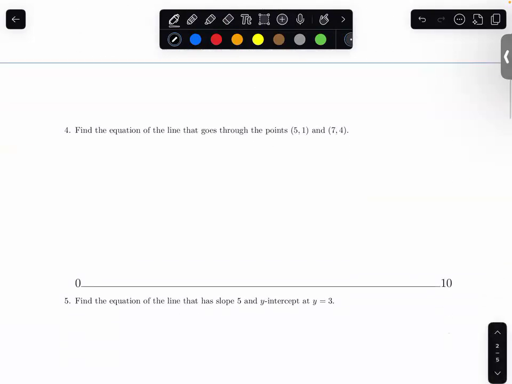The fourth one asks for the equation of the line that goes through these 2 points, the points 5, 1 and 7, 4. In this case, we first need to find the slope. That's the change in y divided by the change in x.